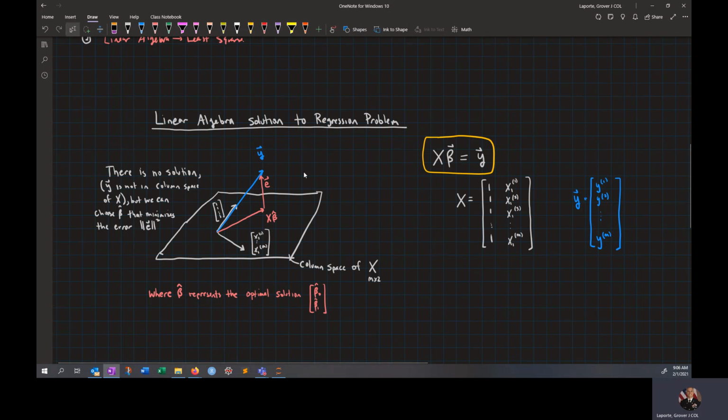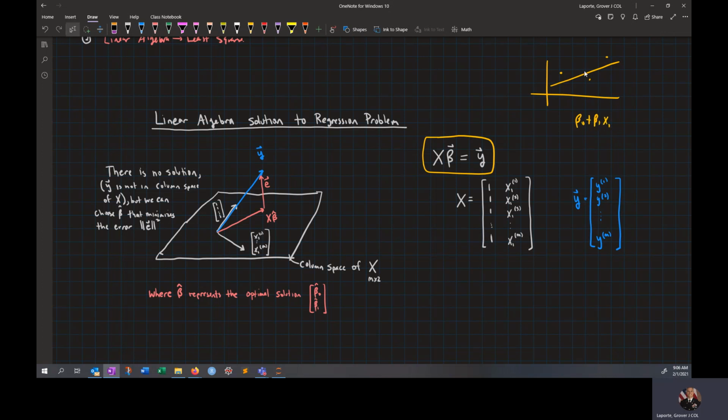For example, you get these data points, these x values in here, and there is no beta 0 plus beta 1 x1 that puts all the data points on the line.